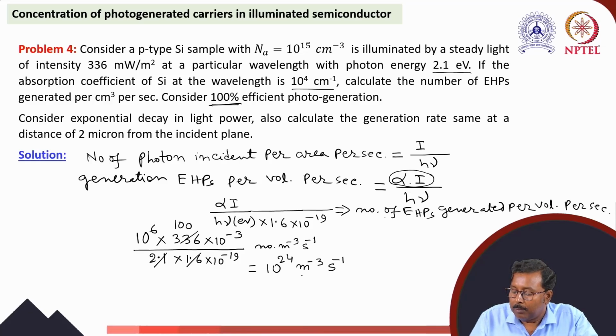So if you like to calculate per centimeter cube, you can also calculate. That will be by dividing by 10 to the power 6, 10 to the power 18 per centimeter cube per second.